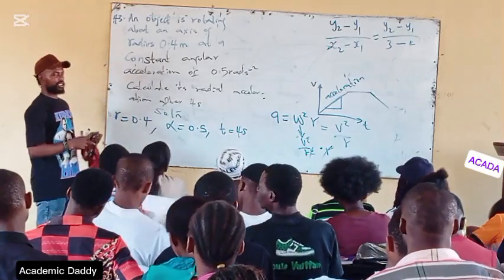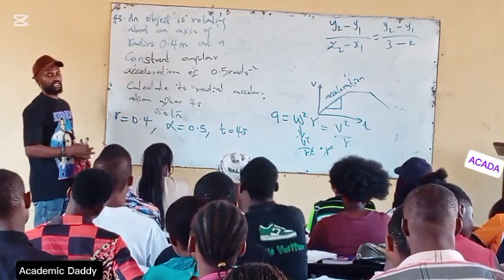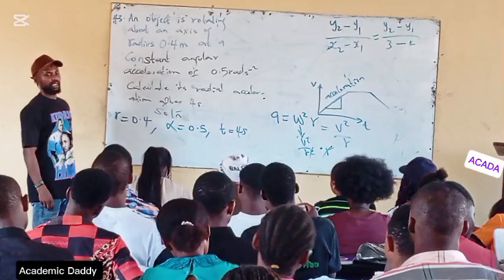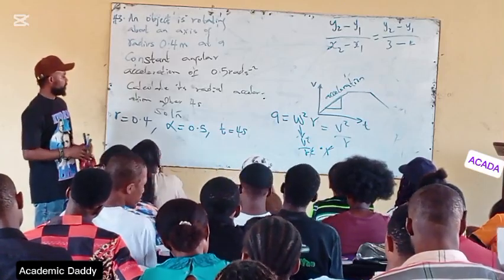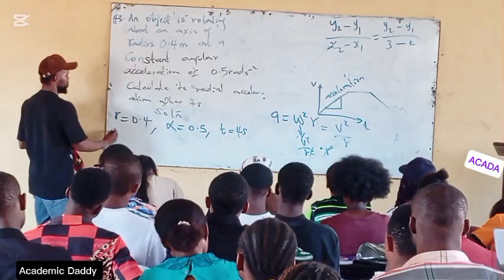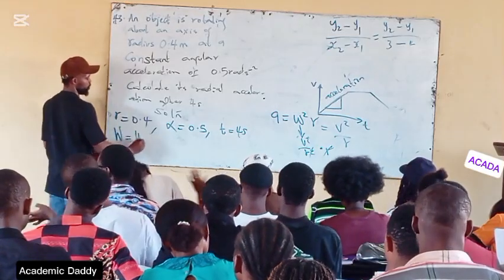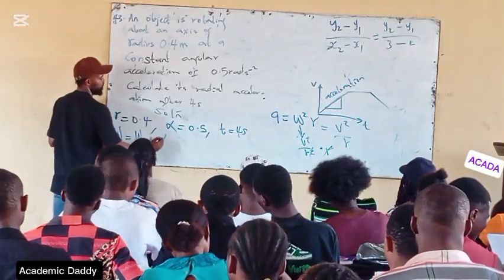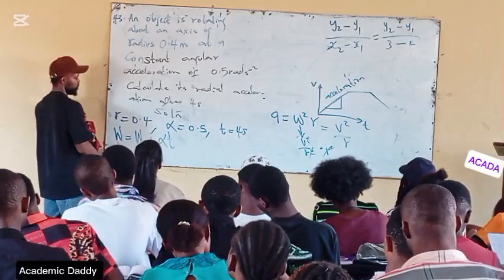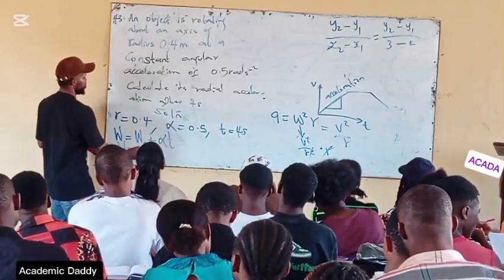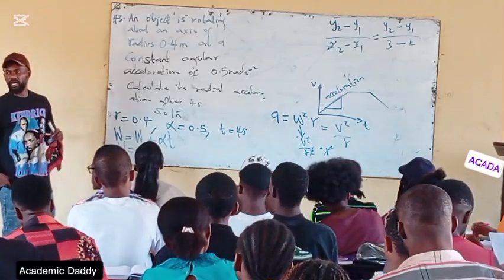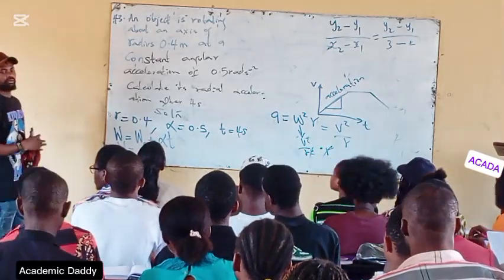Radial acceleration is the same as linear or centripetal acceleration, whichever way they want to call it. If I know W, from the equation W equals W not plus alpha t, then W will equal our initial velocity, which is 0, plus alpha t.